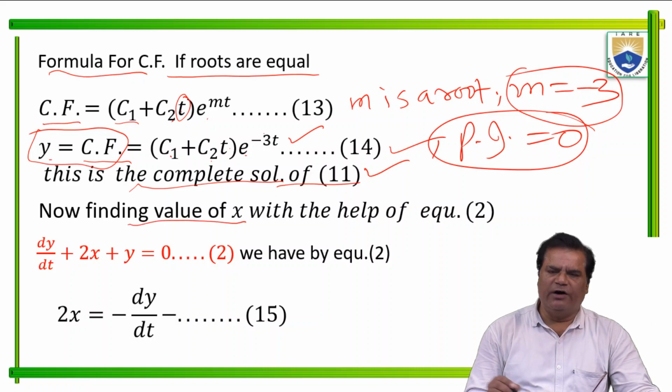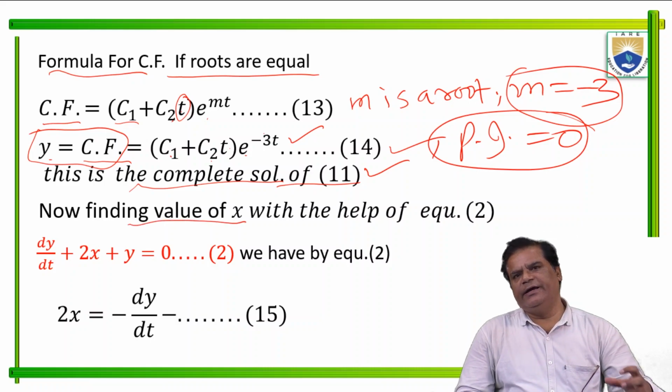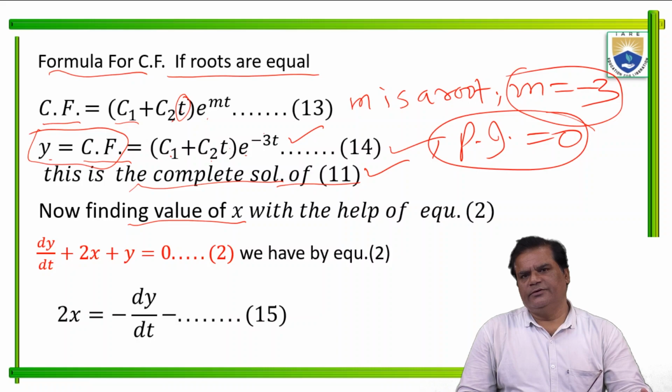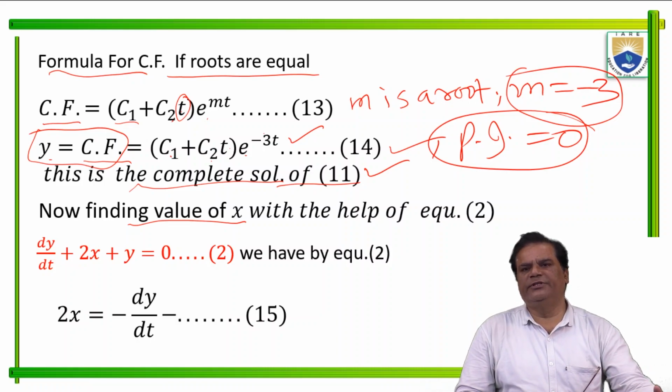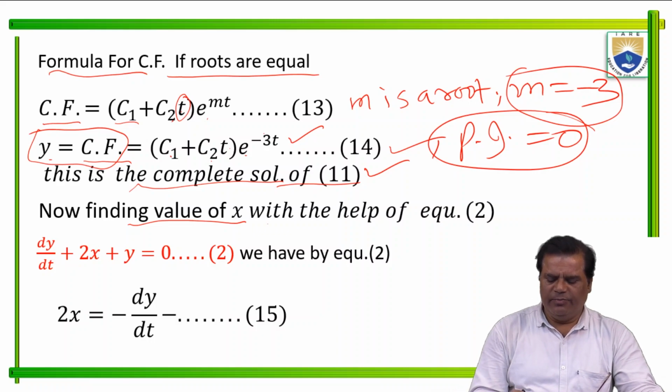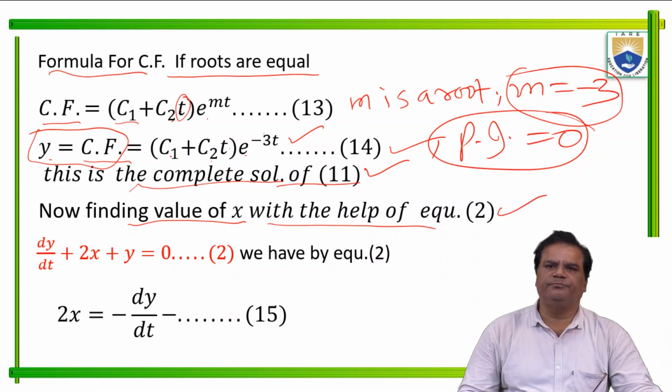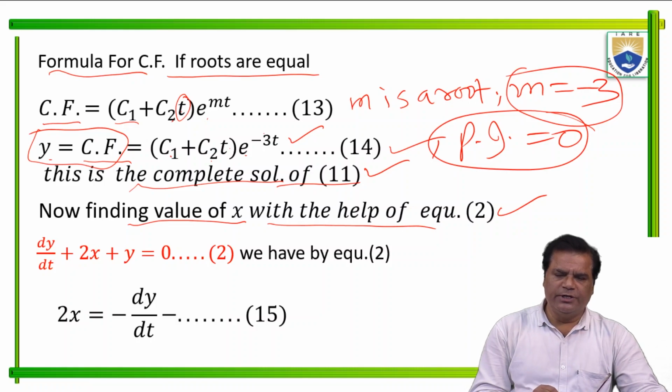Now finding the value of x. We have found y as a function of t, but now we find the value of x with the help of equation 2. Why choose equation 2?